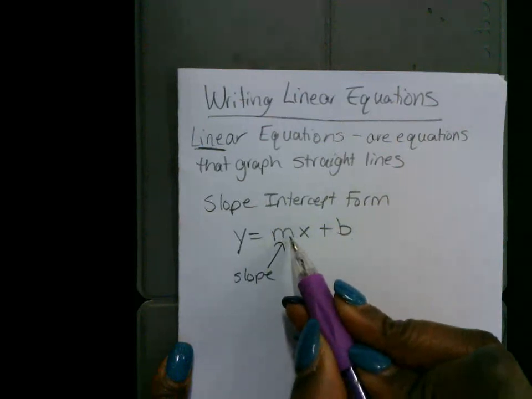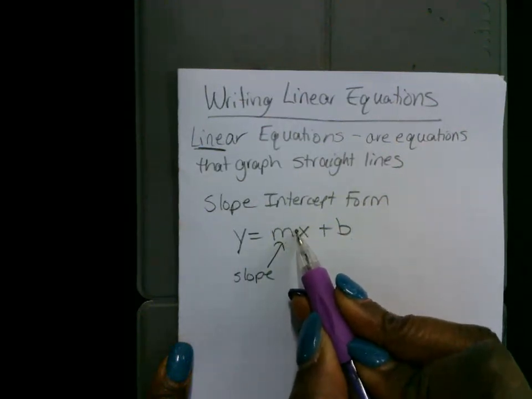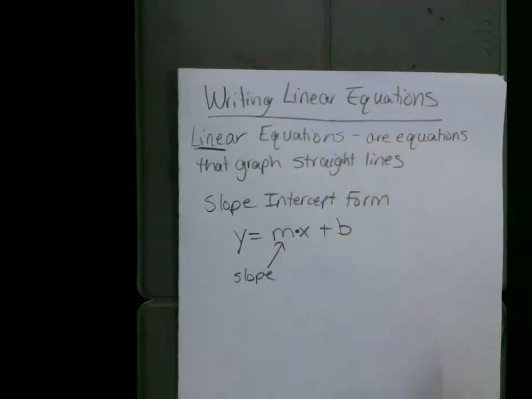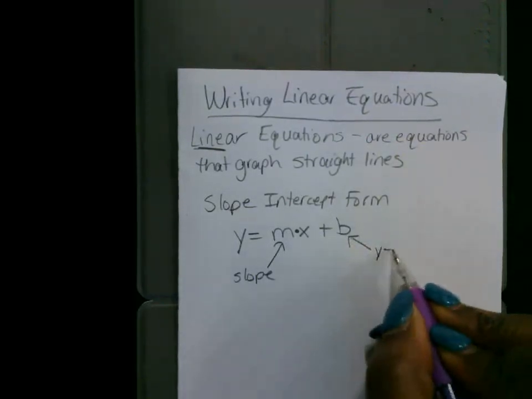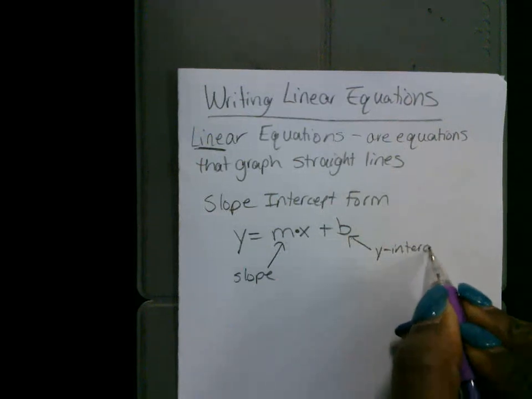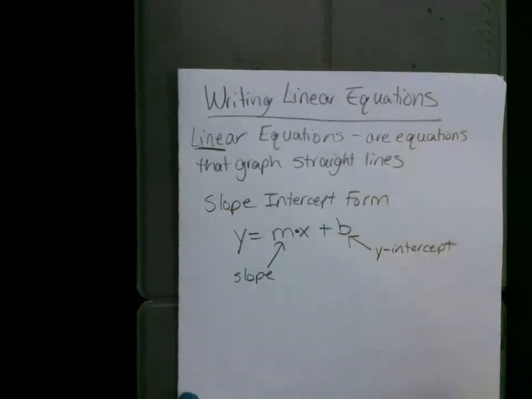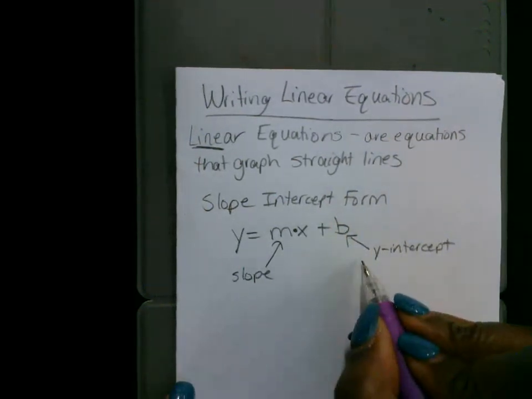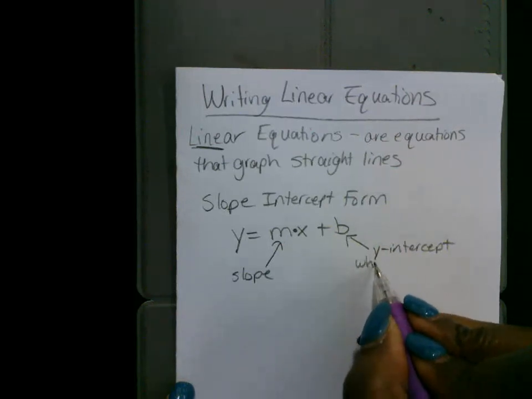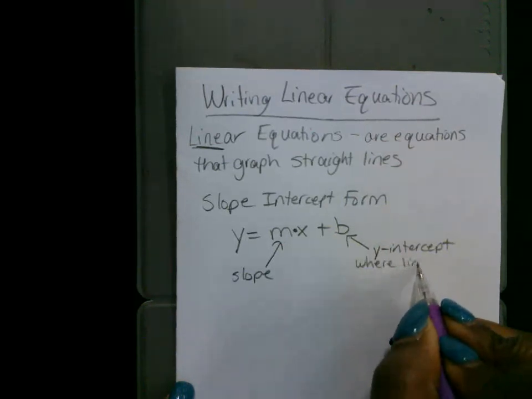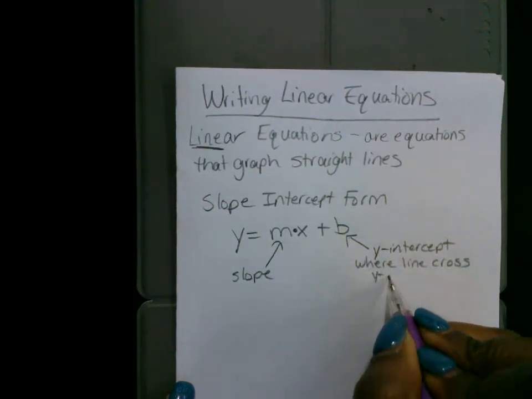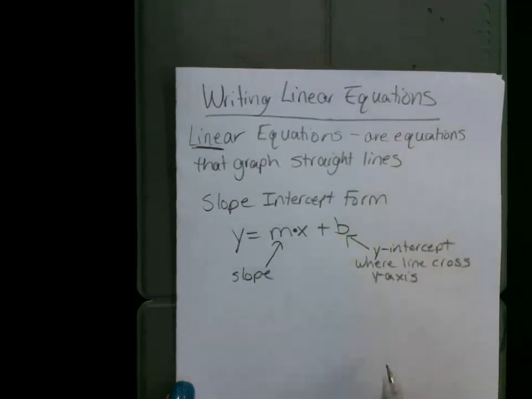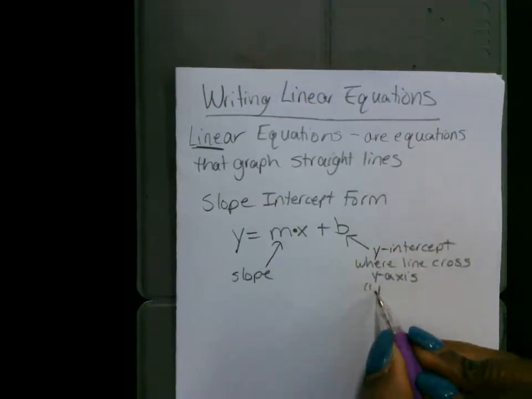The operation between m and x is multiplication. Put a little dot there. The number that is by itself is called the y-intercept. The y-intercept is where the line crosses the y-axis, and it's also called the starting amount.